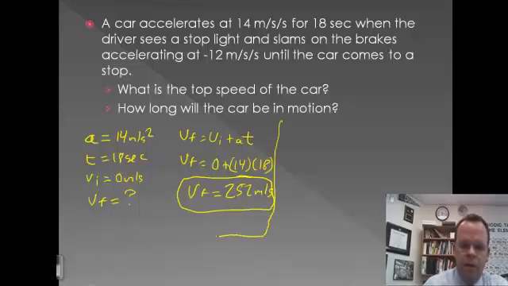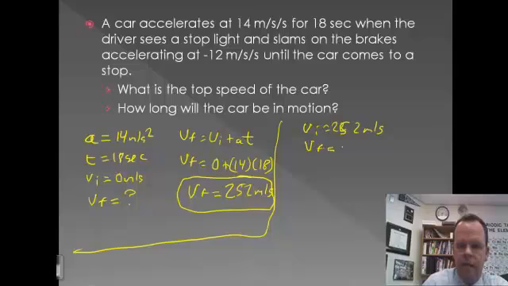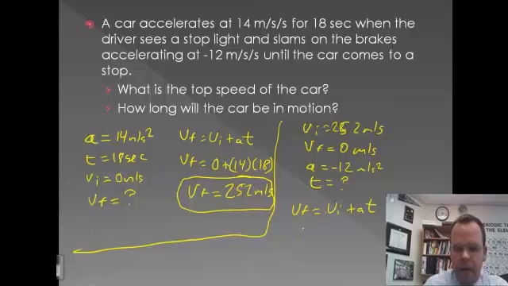Now for part 2, our initial velocity is 252. Our final velocity is 0. Our acceleration is negative 12. And we're looking for the time. So V final equals V initial plus At.